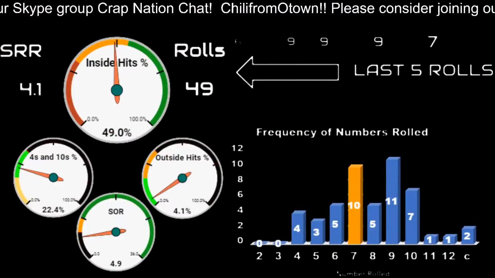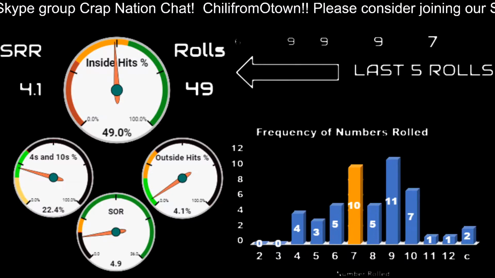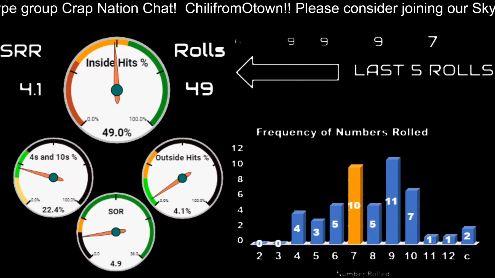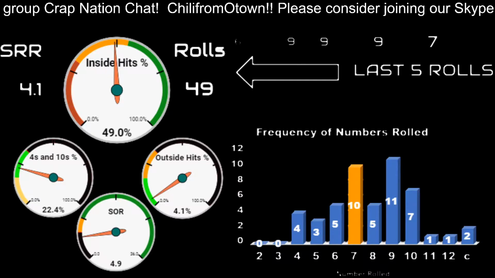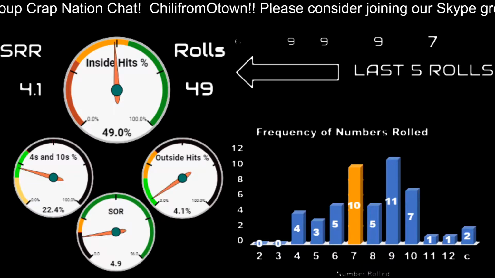Let's look at the stats. We've got 7 outs out of 49 rolls, which is a 4.9 SOR. We were down to a 4.0 SOR. We're in the black on the SOR gauge, so I do have somewhere to go.